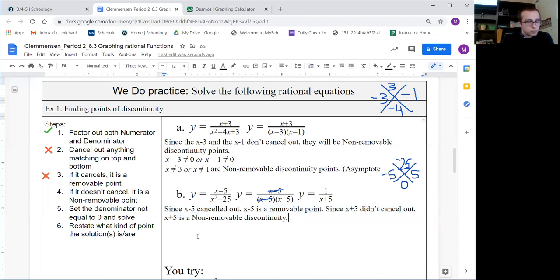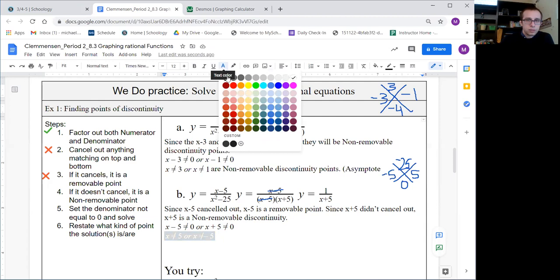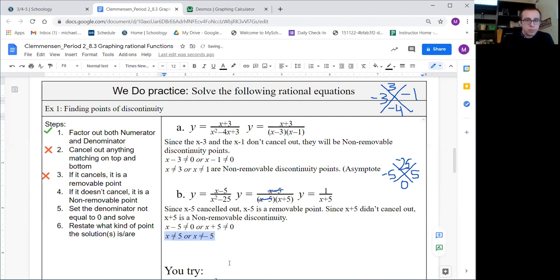Now we set each one of those equal to 0, or not 0 to be specific, and then we solve. X minus 5, x plus 5, 5 and negative 5. This is where I like to restate my problem.